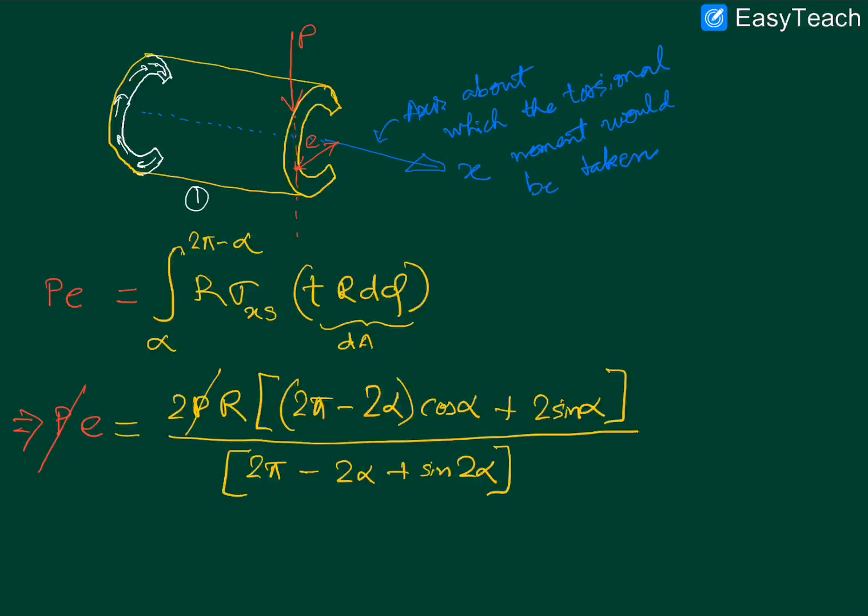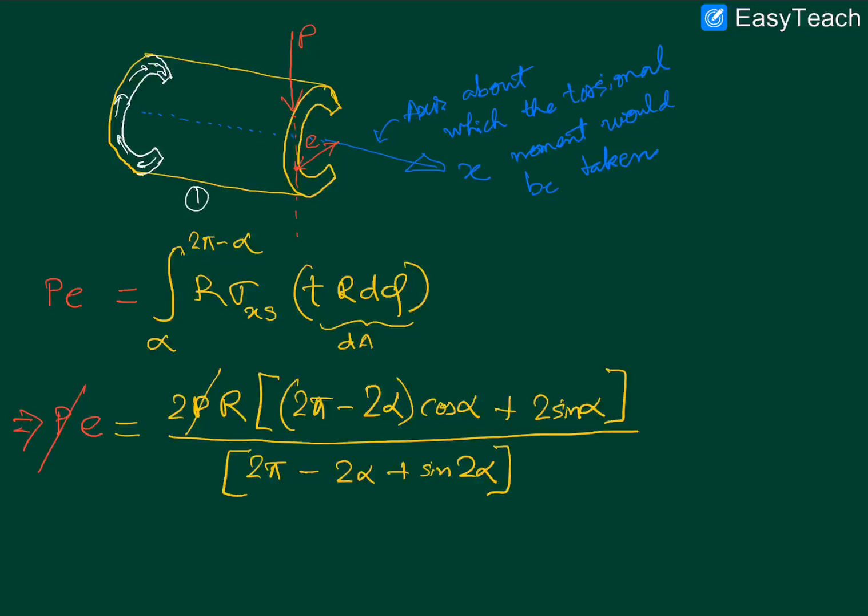Now, one may think that what we have obtained is the distance of the line of action of this force P from the x-axis. But we have not explicitly calculated the location of the shear center. Sure, we know this distance E in terms of all the given parameters like capital R and alpha, but are we really sure about where on this thing the shear center will be lying?